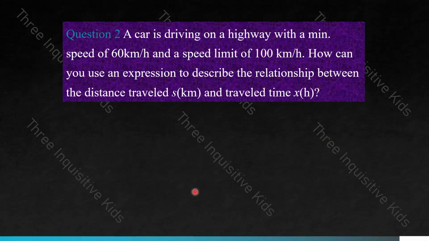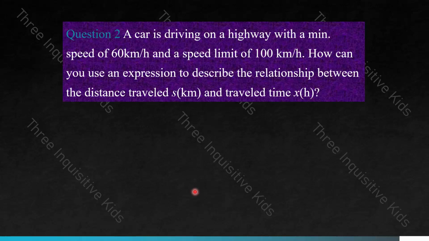Here's another question. A car is driving on a highway with a minimum speed of 60 kilometers per hour and a speed limit of 100 kilometers per hour.